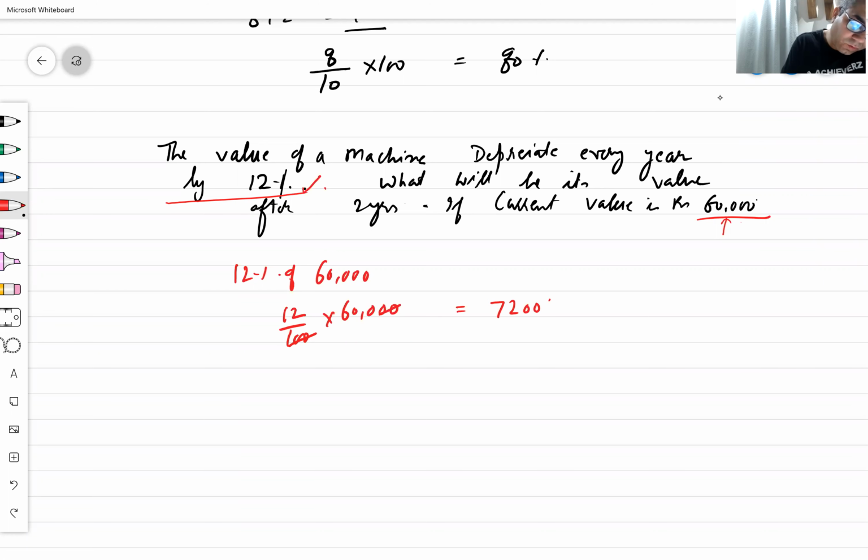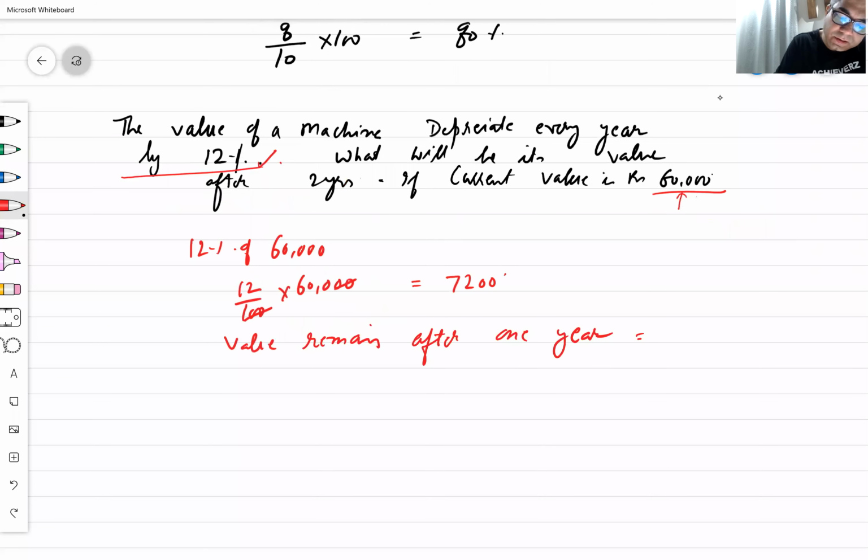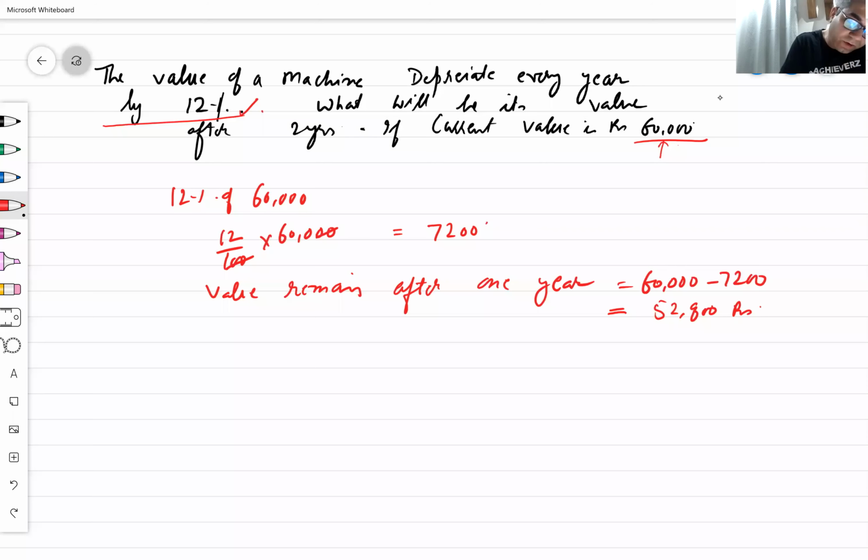Now the value remaining after 1 year would be 60,000 minus 7,200. So how much will that be? 52,800 rupees. All right. Now again, next year this further reduces by 12%.